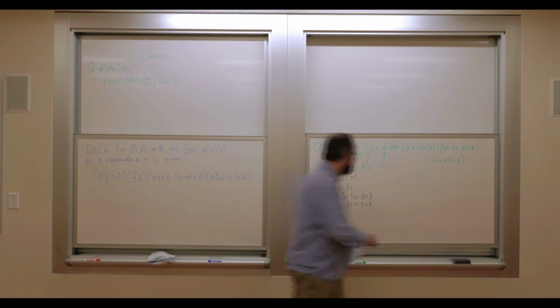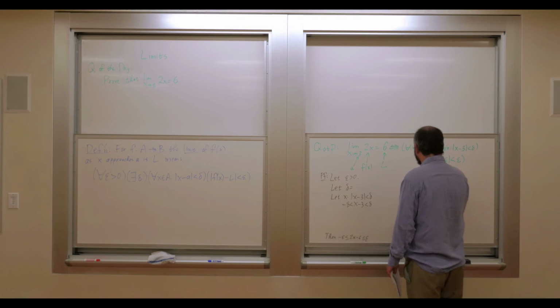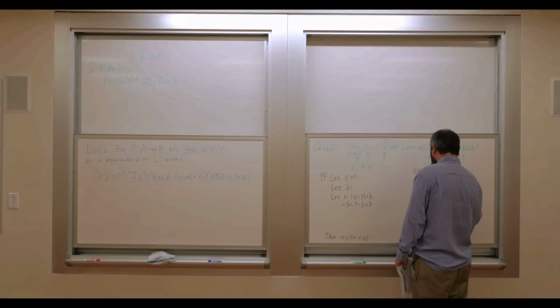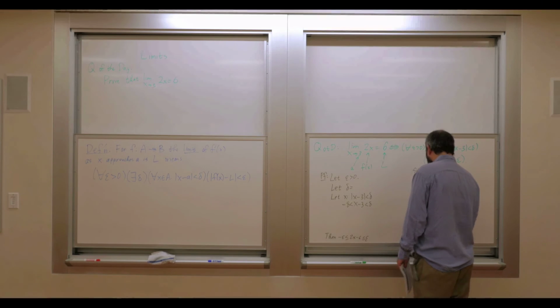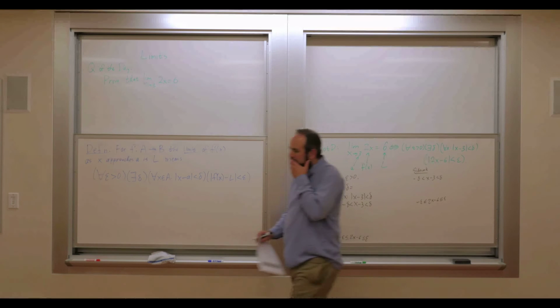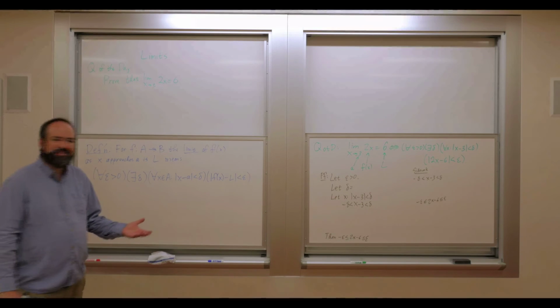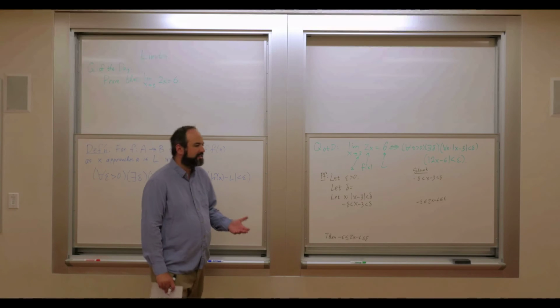Well, it might be helpful to do some side work. I want to get from x minus 3 less than delta and greater than negative delta to 2x minus 6 less than epsilon and greater than negative epsilon. What's the relationship between x minus 3 and 2x minus 6?